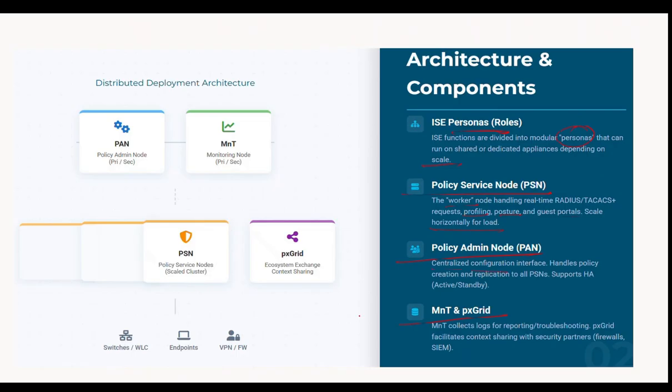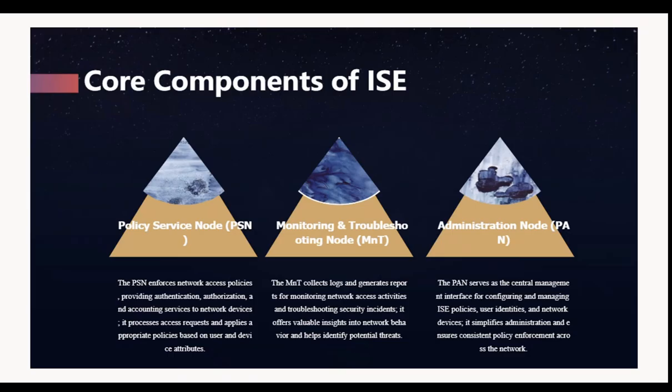Then PAN, the Policy Administration Node. This is the centralized configuration interface which handles policy creation and replication to all the PSNs and supports high availability, active-standby. MNT is the monitoring and troubleshooting node which collects the logs for reporting and troubleshooting. pxGrid is an additional persona with a license which facilitates context sharing with security partners like firewalls, SIEM solutions, and so on.